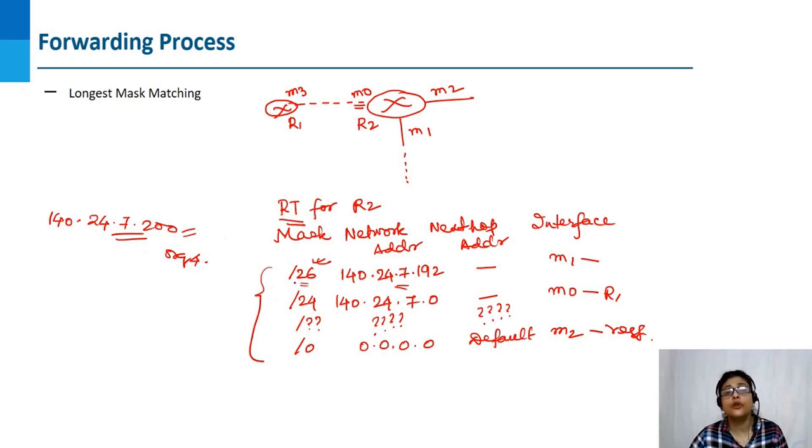But if it had not been reordered in the form of longest mask matching, then it would have applied the /24 masking and arrived at a different network address. But this network address is not for organization 4, but rather it is for organization 1 through R1, and it would lead to wrong addressing. So this is the utility of longest mask matching.